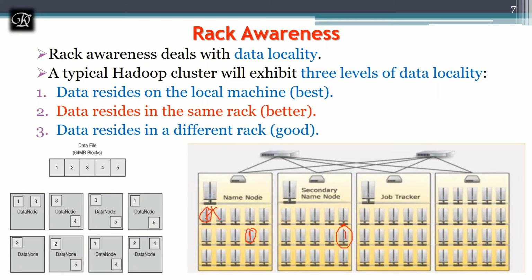it should not take much time to replicate this data on one more machine, and navigating within the rack is easier compared to navigating between the racks. And here we are not dealing with data in terms of MB, here we are dealing with data in terms of petabytes, zettabytes and exabytes, even terabytes.